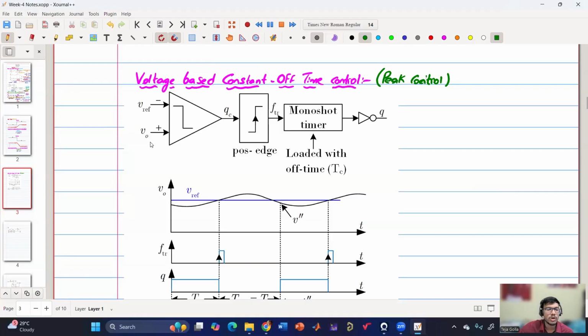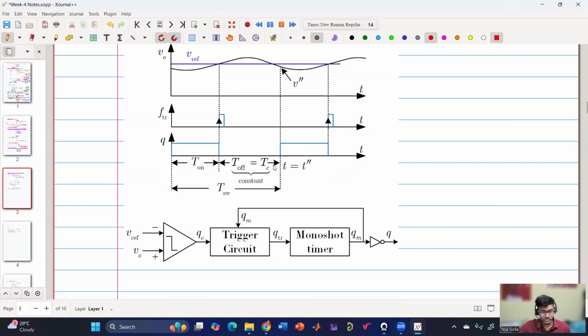Whenever V naught is crossing V reference, then it will raise a trigger. Now the monoshot timer always gives an on time pulse, but we need an off time pulse, right? Because it is constant off time. So that's why we have put an inverter, because the monoshot timer always gives a fixed on time pulse. So now the output becomes a fixed off time pulse. So that's why the inverter is there. But the overall logic is the same.